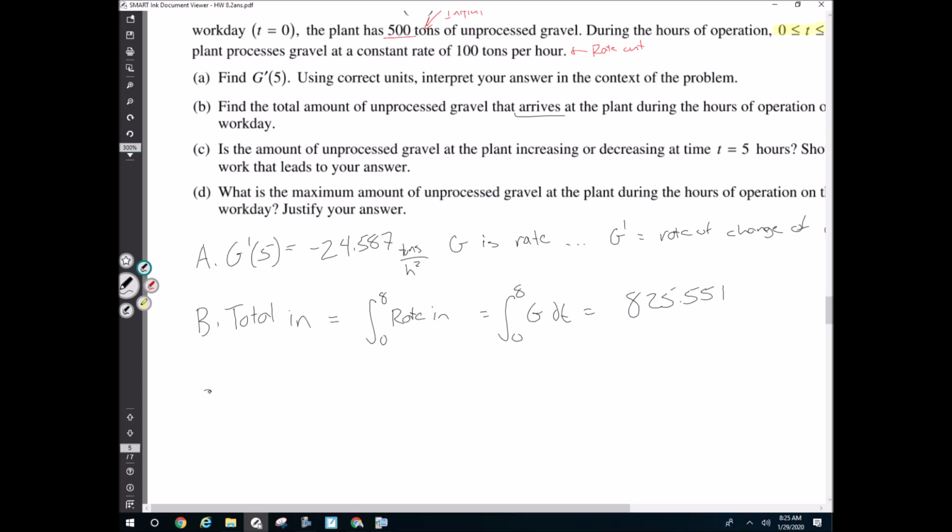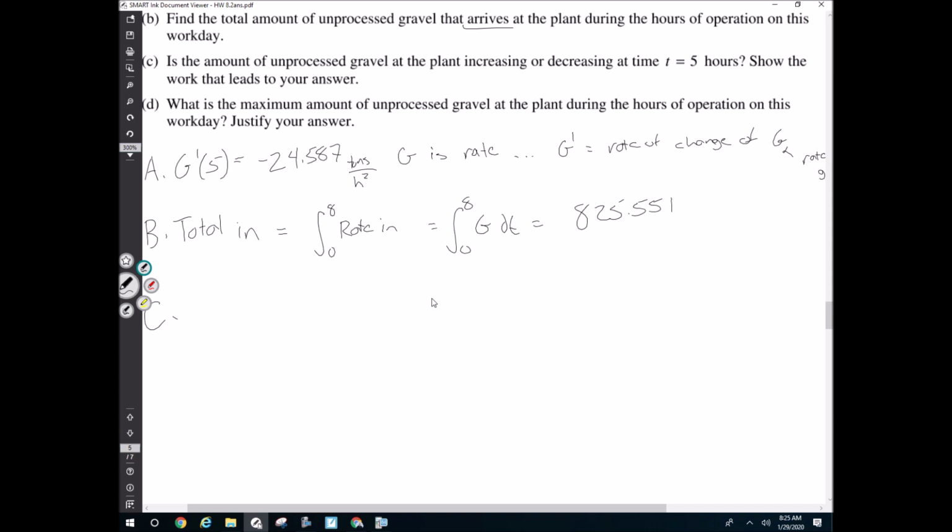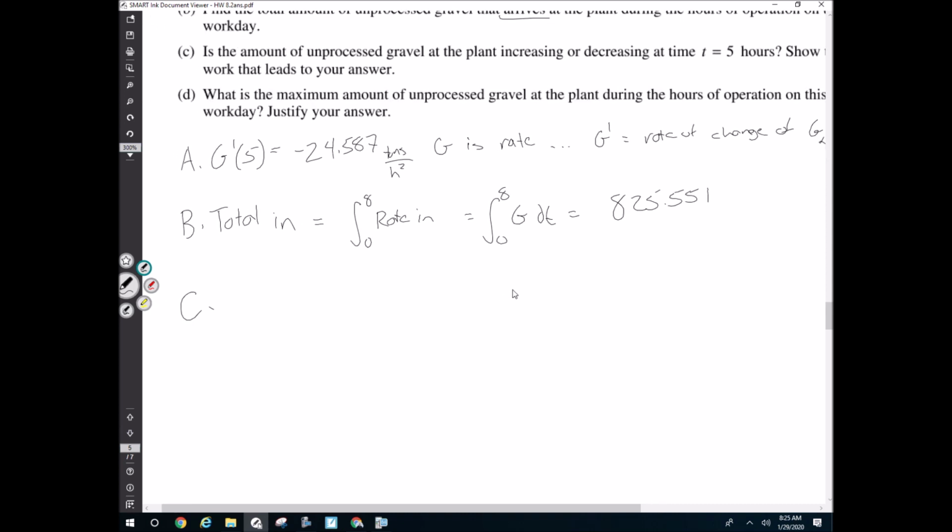Cool. C: is the amount of unprocessed gravel at the plant increasing or decreasing at time t equals 5 hours? Show the work that leads to your answer. All right, so let's go back to talking about the total. Total would be our initial plus the integral of our rate in minus the integral of our rate out from 0 to t.